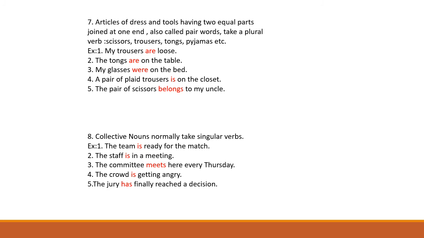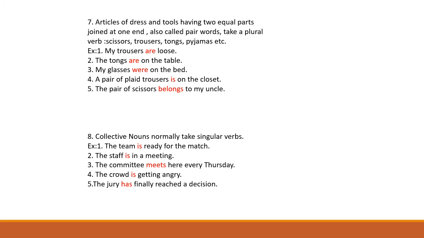Collective nouns normally take singular verbs. Look at the sentences: staff, committee, crowd, jury, all these are collective nouns. They take singular verbs. Is it clear? The team is all ready for the match. The staff is in a meeting.